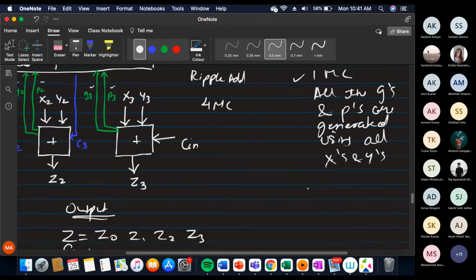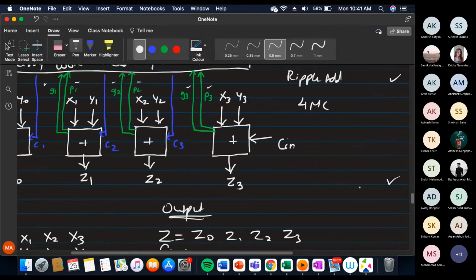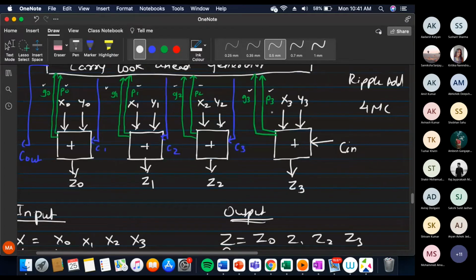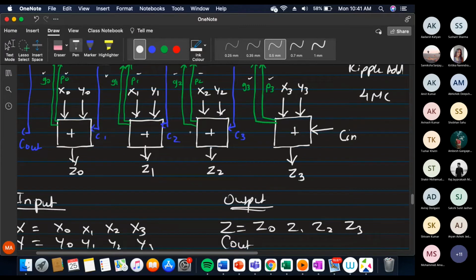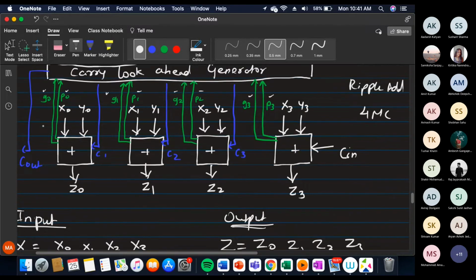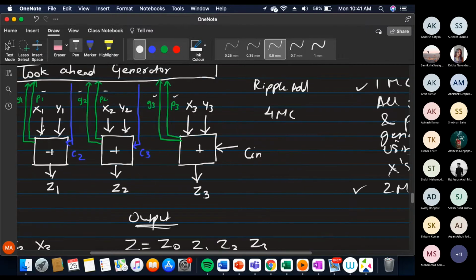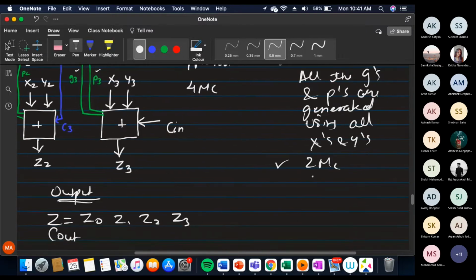In the second machine cycle, using all these G's and P's and C in, I'll generate all the carries, which is C3, C2, C1 and C out. In the next machine cycle, can I generate all the carries? Yes, sir. So in the second machine cycle, all the carries are generated.